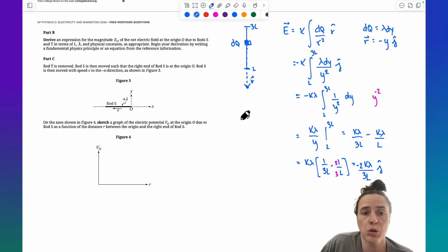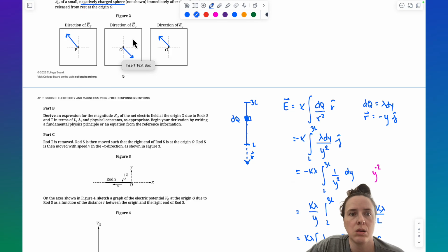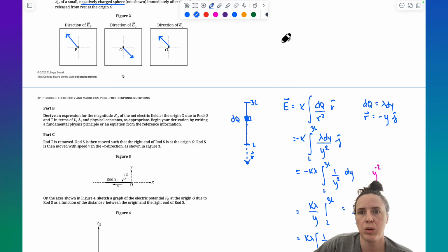Nice. Okay, so remember from up here, we said that at our origin, we're pointing down from rod T. We're pointing to the right from rod S. So I'm going to put those two together.